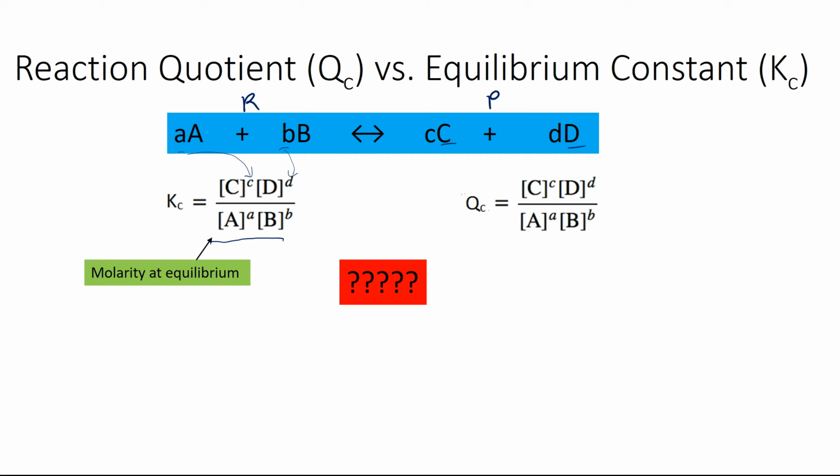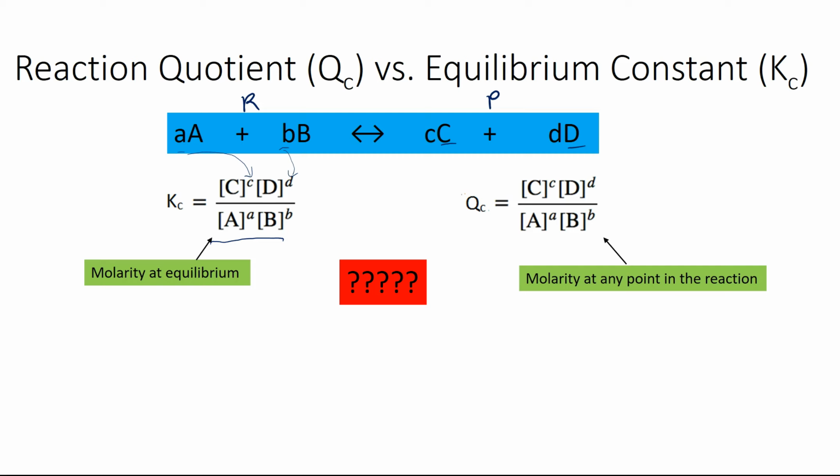So once equilibrium has been achieved and our forward and reverse reactions are occurring at the same rate and there's no net change in concentration, that is how we can calculate our equilibrium constant. We can't do it unless we're at equilibrium. Now, reaction quotient doesn't have to occur at the equilibrium point. The reaction quotient can be calculated at any point in the reaction.